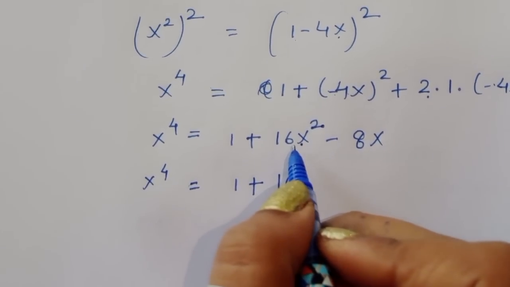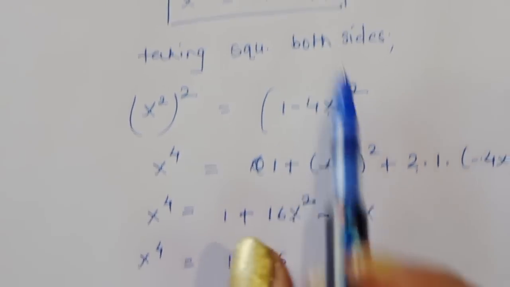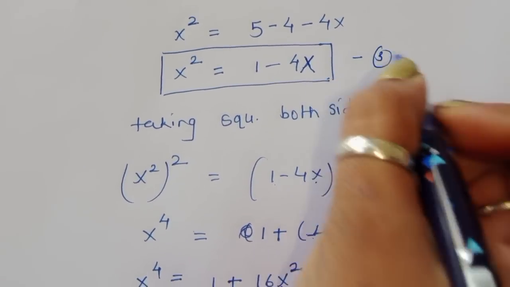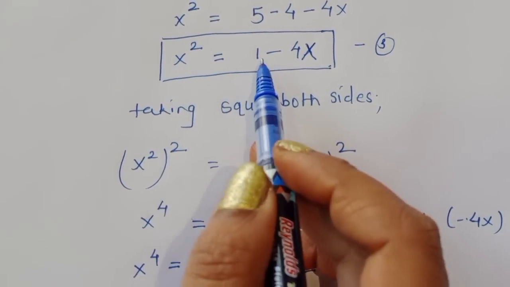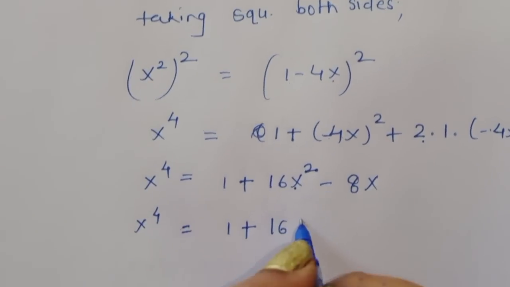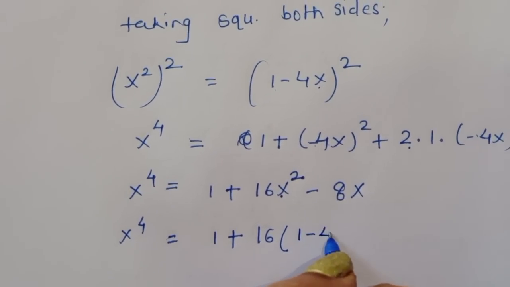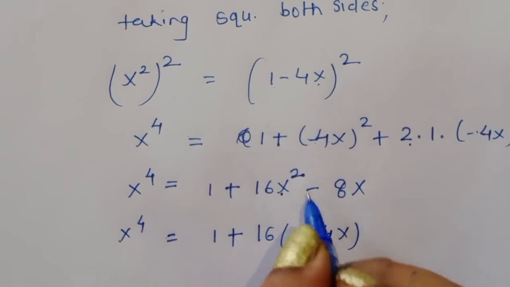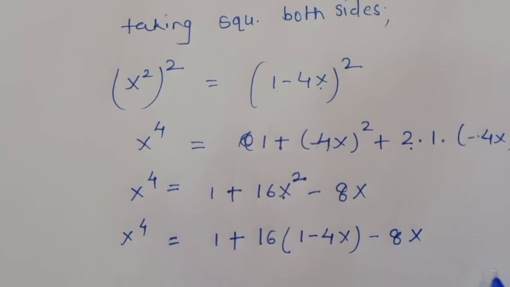The value of x square you can see here, this is equation number 3. So from equation 3, the value of x square is 1 minus 4x. So we are substituting this value here: 16 times x square, which is 1 minus 4x, minus 8x.